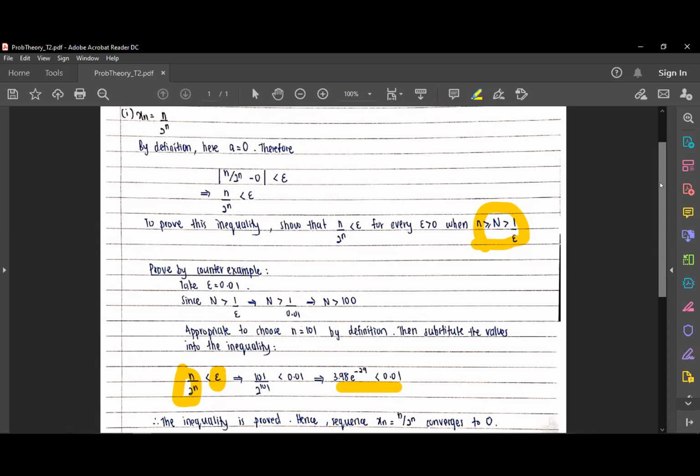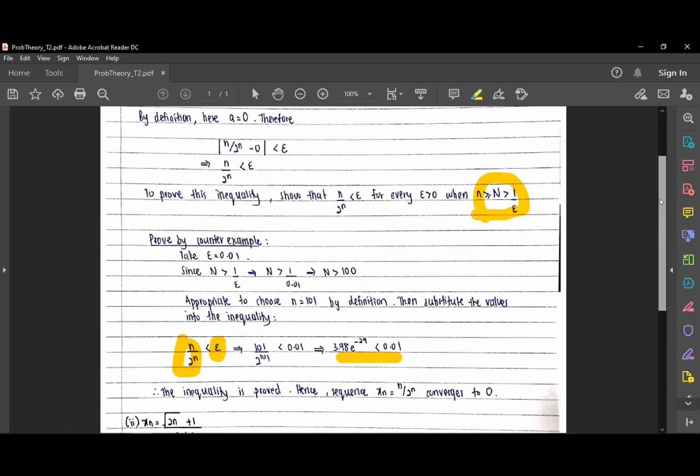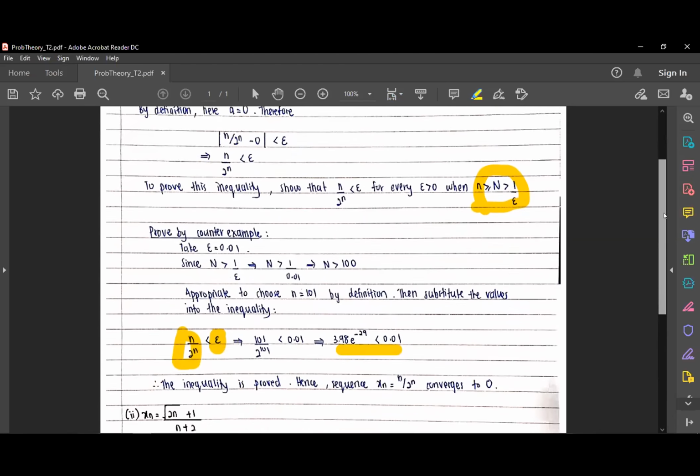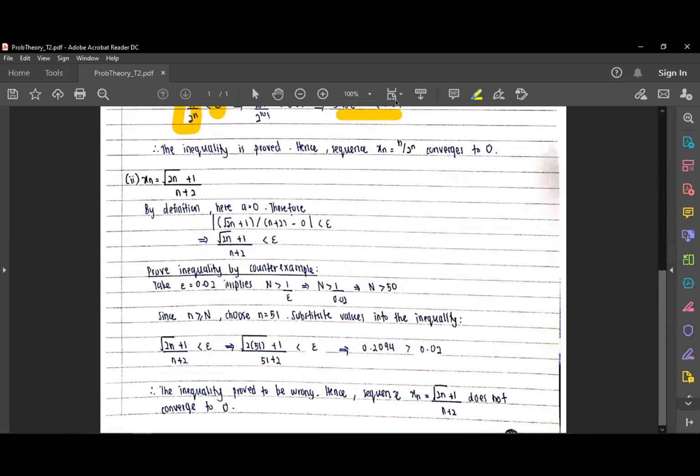Okay, then maybe I give some comments by sharing my screen, and I'll come back. Or I present the second question and then you... Yeah, that's fine also. Okay, part 2. This question also I prove by counter example. But this one I take the epsilon equal to 0.02, and then the threshold n must be greater than 50. So I choose n equal to 51, because n must be greater or equal to the threshold n.